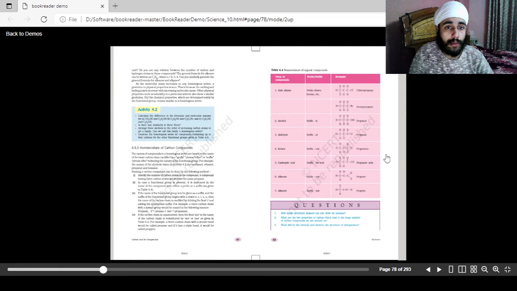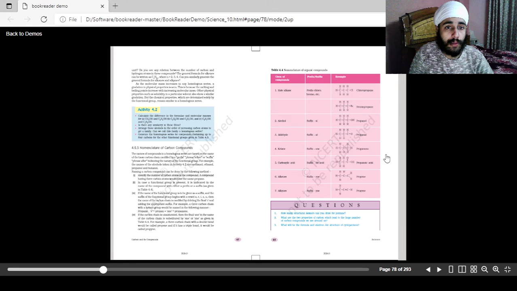Certain prefixes or suffixes are used to define the name of a chemical compound. For example, we have 3 carbons having single bonds and chlorine added to one carbon. So it is prop for 3 carbons, ane for single bonds, and the prefix is chloro, so chloropropane. If it is bromine, that means bromopropane.